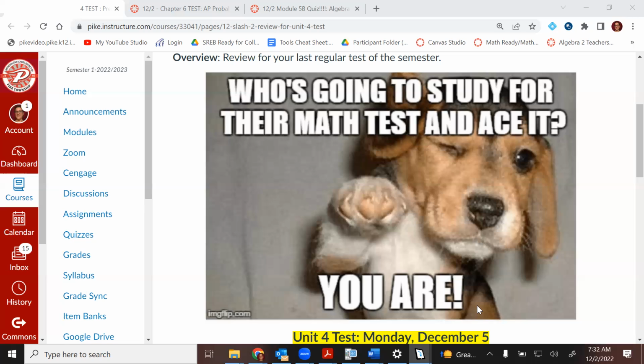For the inverse, domain and range. We said that this one had been shifted left 2. Oh, I put my parentheses in the wrong spot down there. I apologize. There we go.